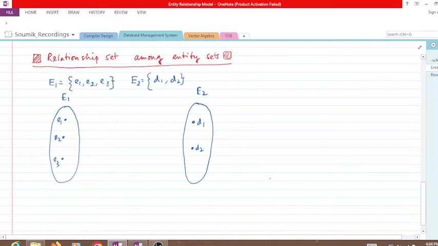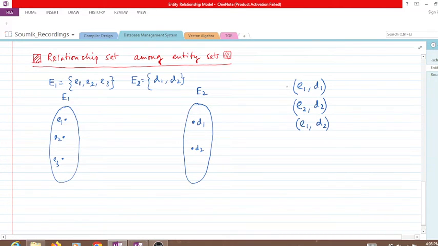Now we will be defining the relationship among this entity set E1 and the entity set E2. Suppose it is given that E1 entity is somehow related with the D1 entity and E2 entity is related with D2 entity, and it is also given that again E1 is related with D2 entity.